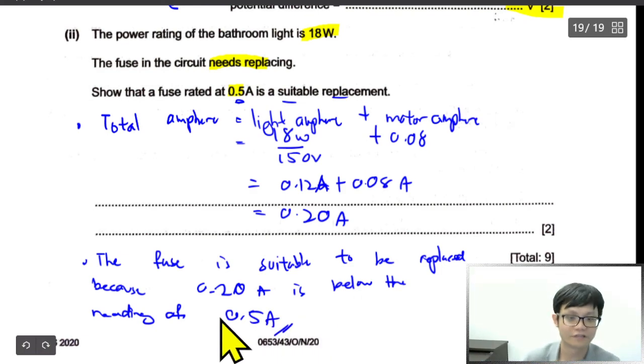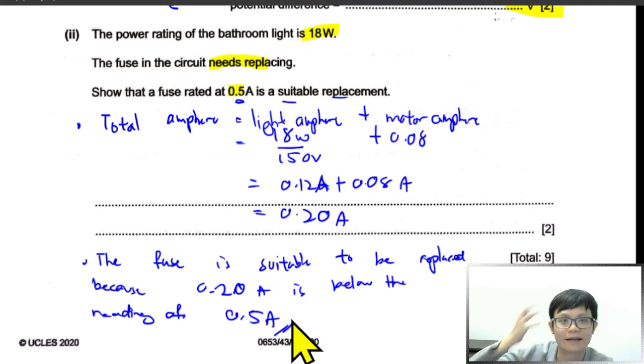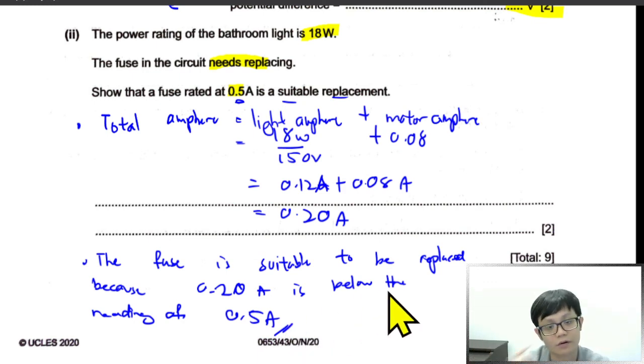If the answer you get is 0.6, then we know the statement is incorrect, because you cannot turn on the fan. The moment you turn on the fan, the fuse will break and suddenly the fan and the light won't switch on. So 0.5.